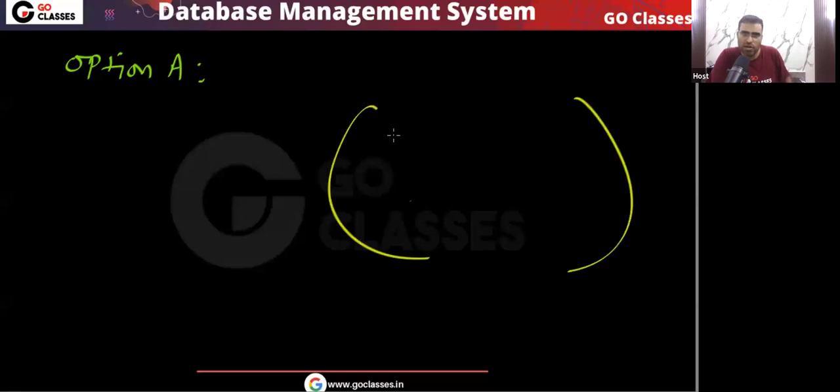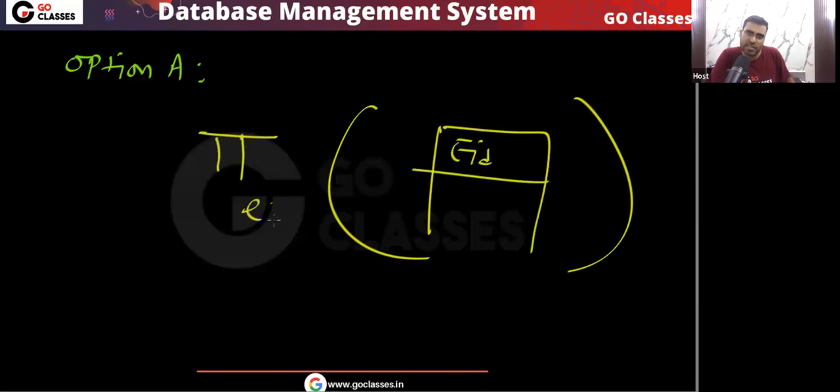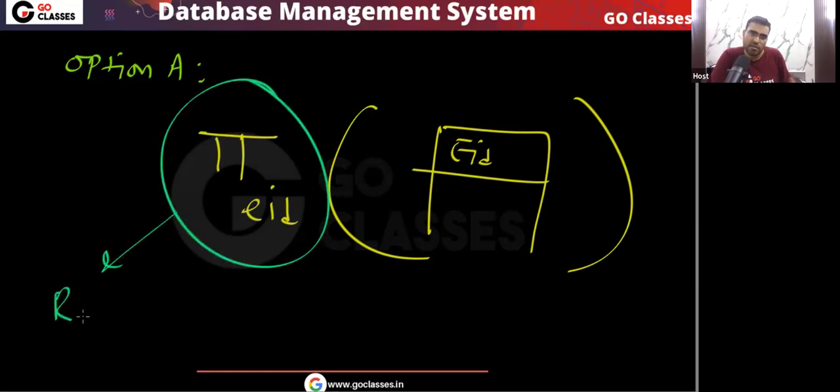Basically, what you are doing in option A, notice: already your result has EID, and now you are again projecting EID. So that is redundant. Is this clear?